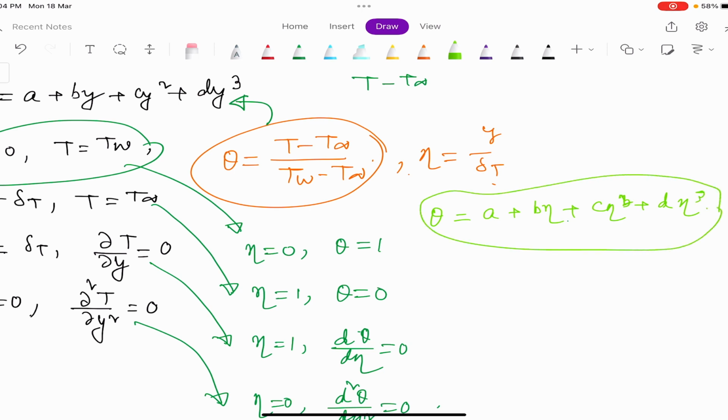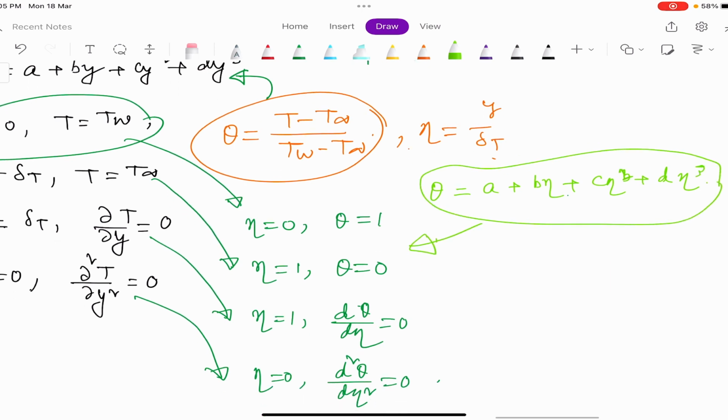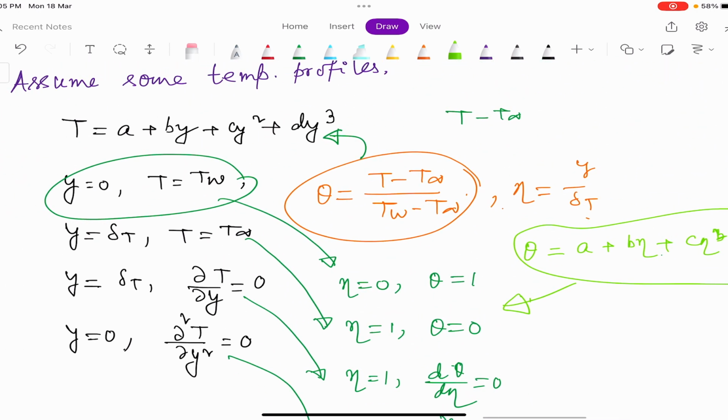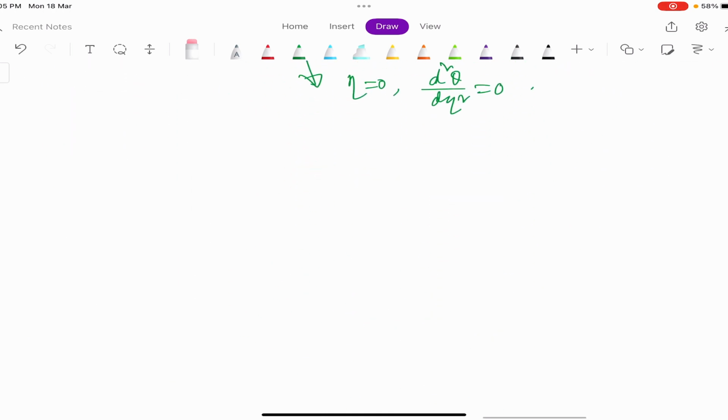Then you find a, b, c, d from these boundary conditions. Then the algebra will be less. Otherwise, if you use this formulation, then in the constants a, b, c, d we will have this T wall and T infinity. That will add more complexity in your algebra.